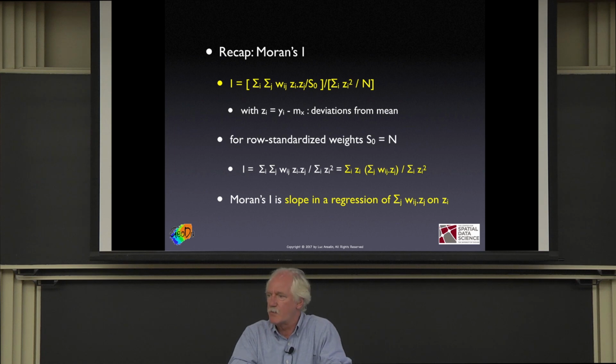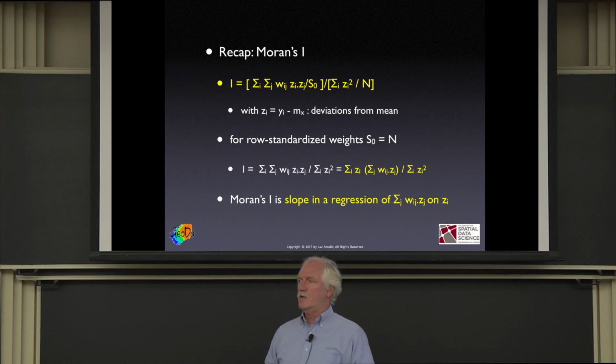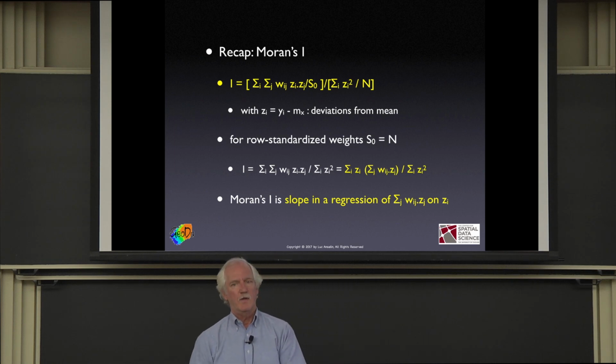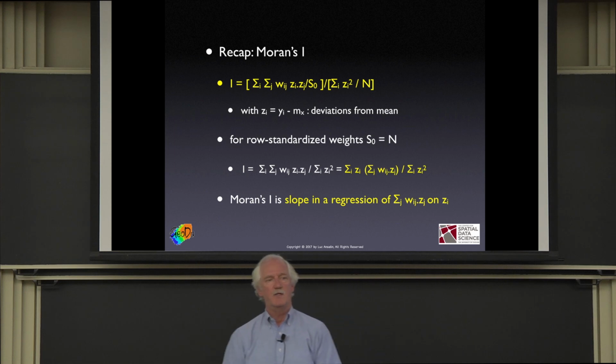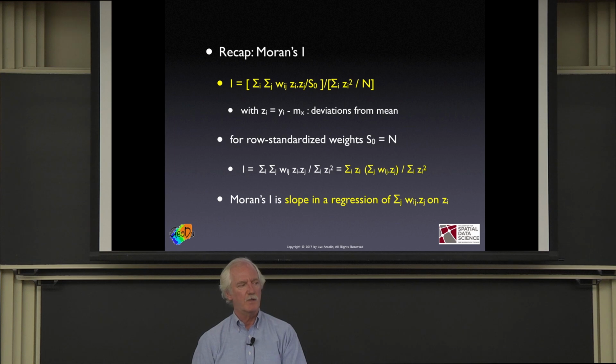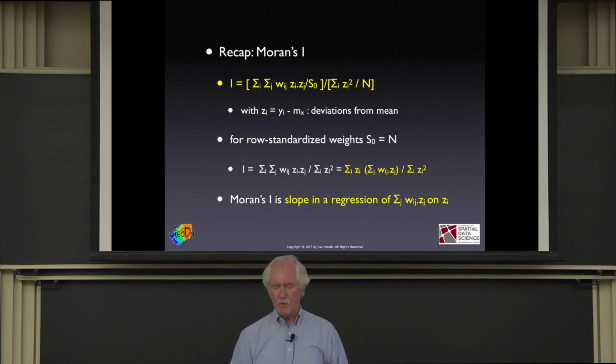And if you remember your algebra from a simple bivariate regression slope, that's what Moran's I is. So Moran's I is the slope in a regression, but not the regression that comes natural. The natural regression is the value at a location regressed on neighboring locations. So that would be the z_i as the dependent variable and the spatial lag as the explanatory variable. That has what is called simultaneous equation bias.